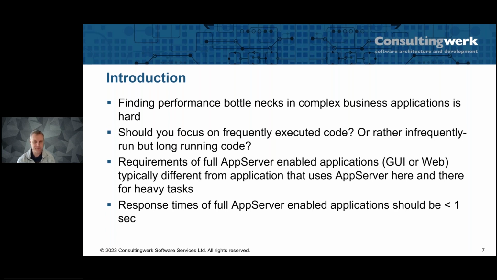Related to that are applications that use app servers primarily for data retrieval and data updates, whether in a GUI app, a web app, or even SOAP, versus those that use an app server just to offload heavy work. Again, it's frequent code versus infrequent code, so deciding where you want to focus.